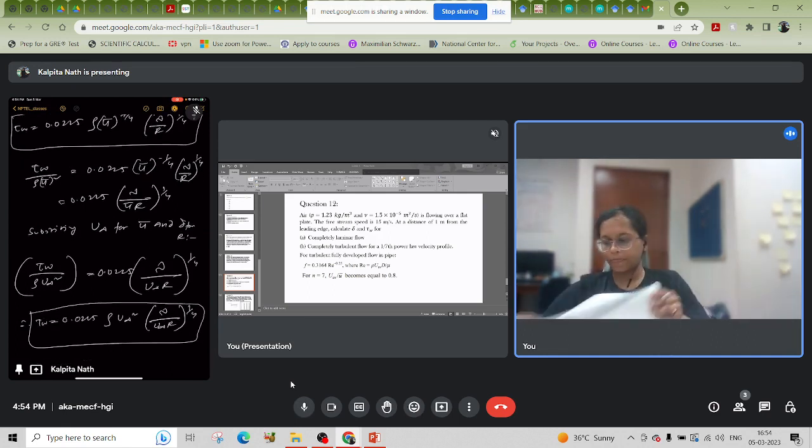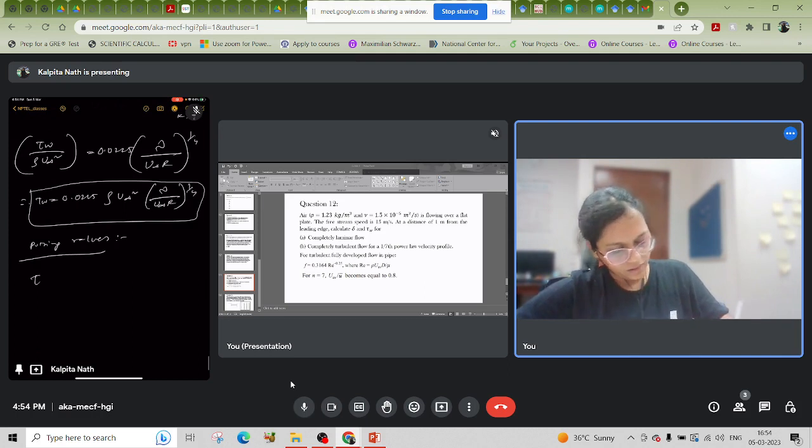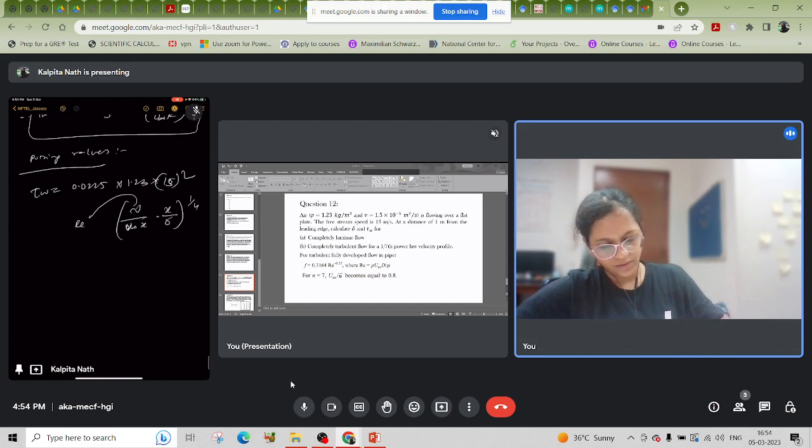Okay. Now, putting values. Tau w is equal to 0.0225 into 1.23 into 15 square, nu by U infinity x, x by delta to the power 1 by 4. This is Reynolds number obviously.